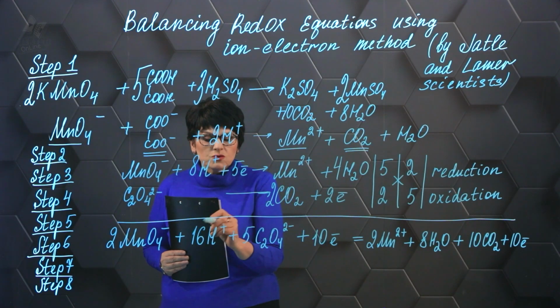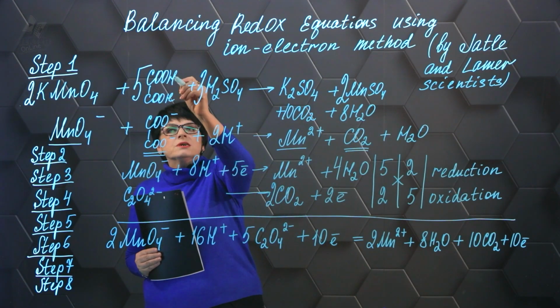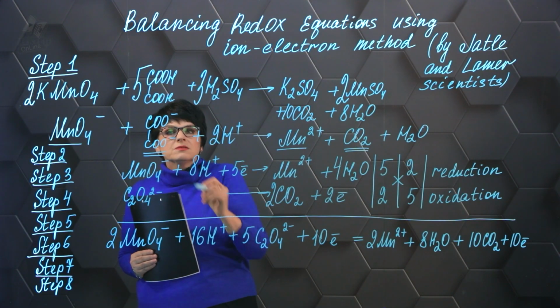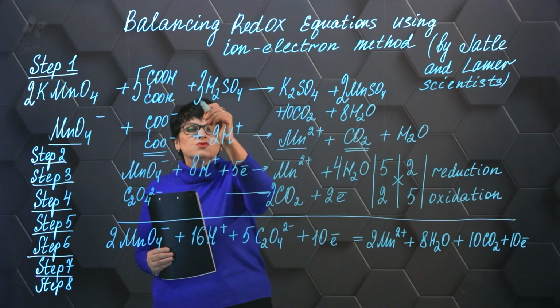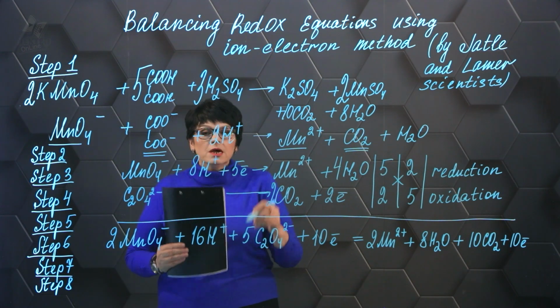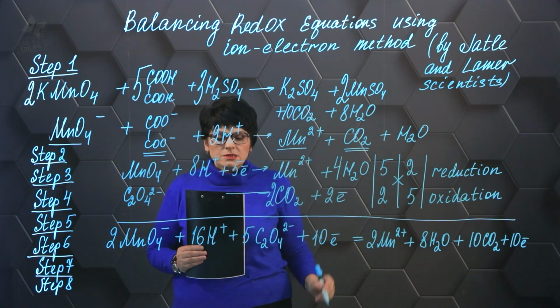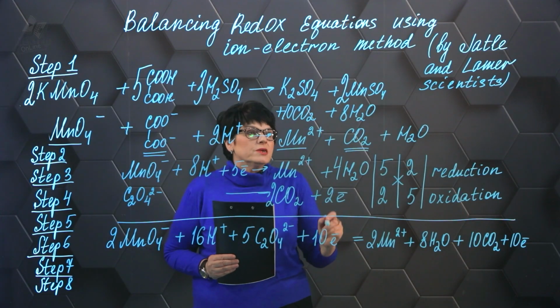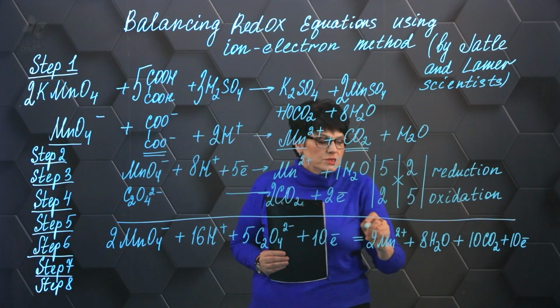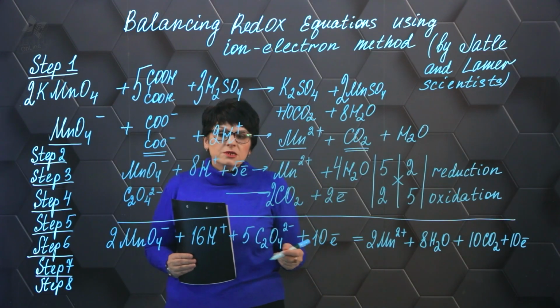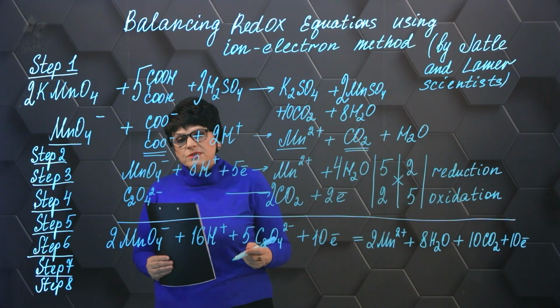In this way, we check how many hydrogen ions we have. It turns out in oxalic acid they will be 5 times 2, 10, and more hydrogen, which is in the acid, 6. That's what the 16 H+ particles is made up of. Now on the right hand side we have no more particles that need to be checked. It remains to check by oxygen.